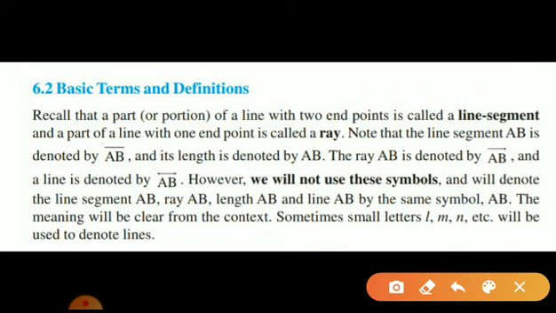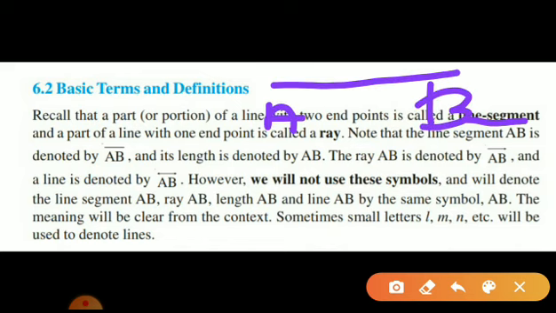The next was a line segment. A line segment is what? A line segment is a part of a line which has two endpoints. That means it has a fixed length. It cannot be extended from both the sides. Suppose I draw it here, it is AB.